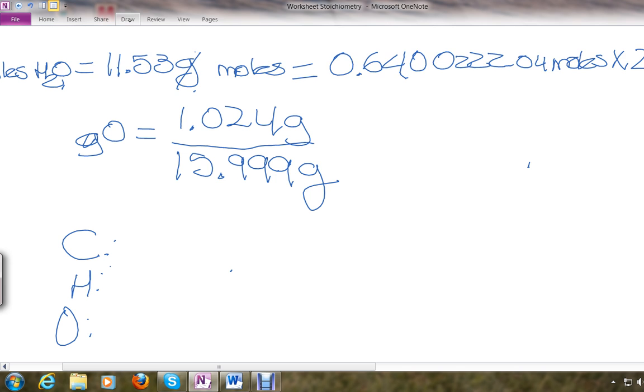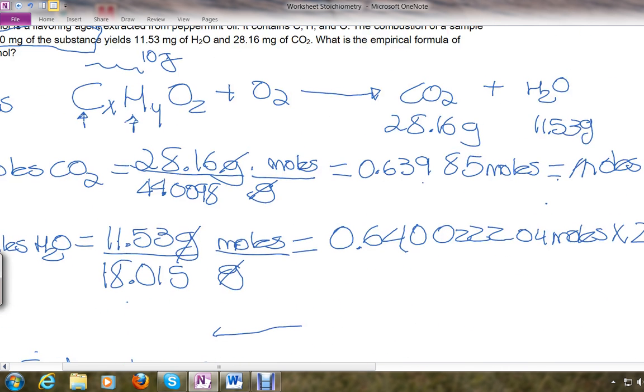Okay, so this is going to give you 0.064071 moles, which seems the smallest one. Let's go up and compare it to the other ones to be able to do what we usually do for the empirical formula.